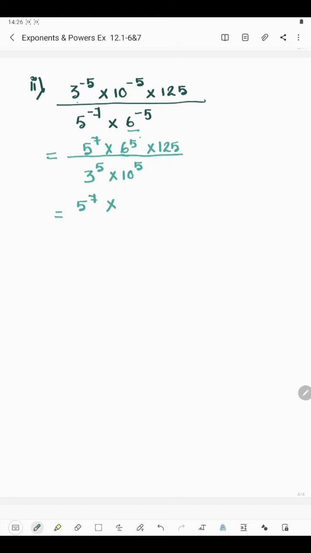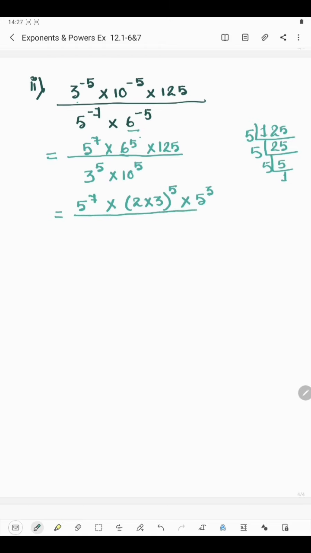Now 6 can be written as 2 into 3, so in place of 6 we write (2 into 3) to the power 5. Now the prime factors of 125: 5 2s are 10, 5 5s are 25, 5 5s are 25, 5 1s are 5. So that means 5 cubed is 125.